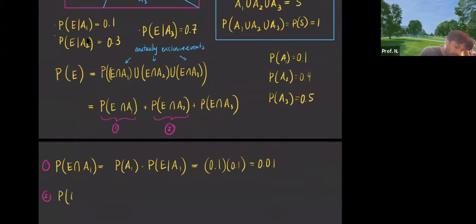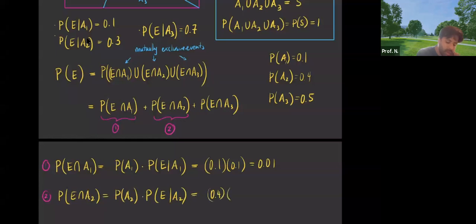The probability that E intersect A2 is equal to the probability of A2 multiplied by the probability of E given A2. What's the probability of A2? 0.4. And what's the probability of E given A2? 0.3. When you multiply 0.4 with 0.3, you get 0.12, right?